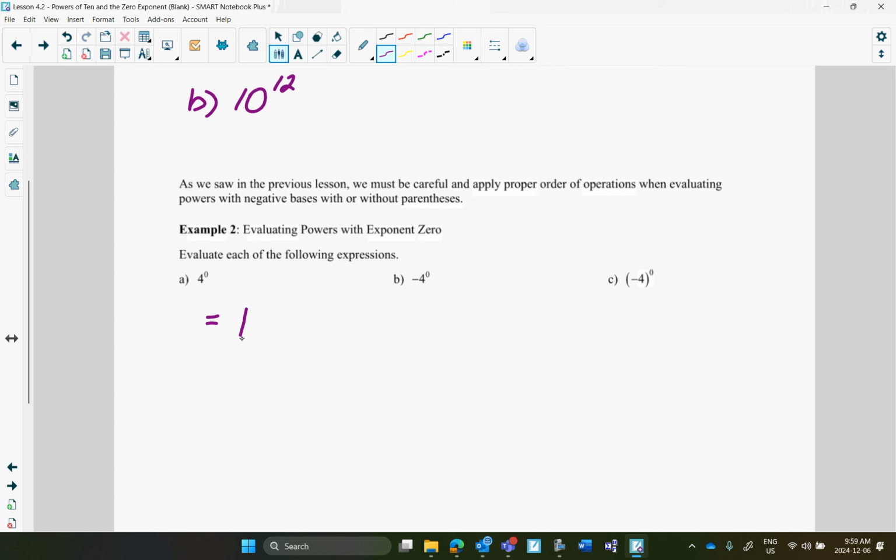No parentheses. Finley? Negative 1. But what if there's parentheses around the negative 4? Positive 1. Good. Excellent.